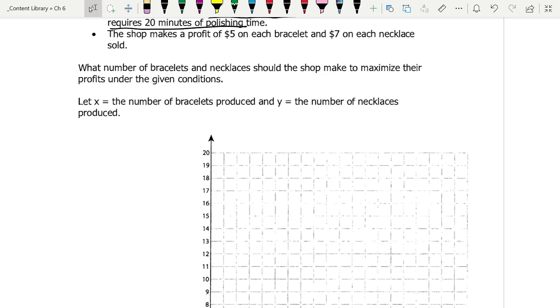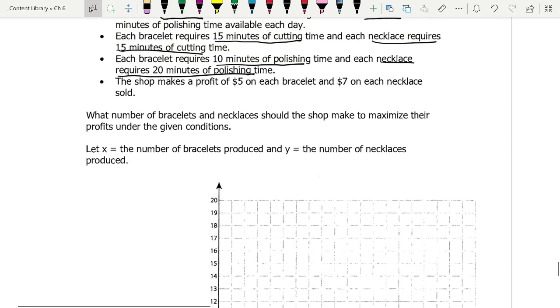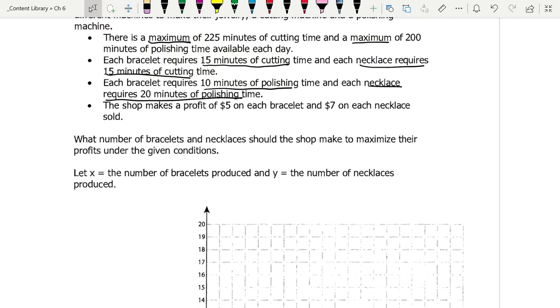And let's make our equations. All right, let's make a cutting equation. If X is how many bracelets I'm producing, 15X is how long it takes to cut them all. If it takes 15 minutes to cut the necklaces, 15Y is how much time it takes to cut them all.